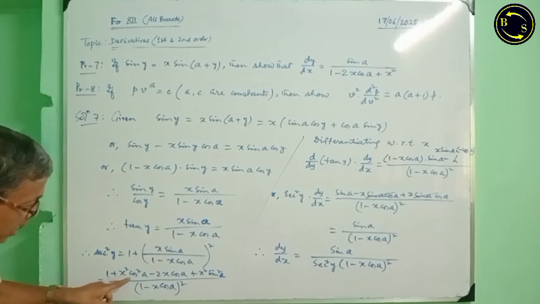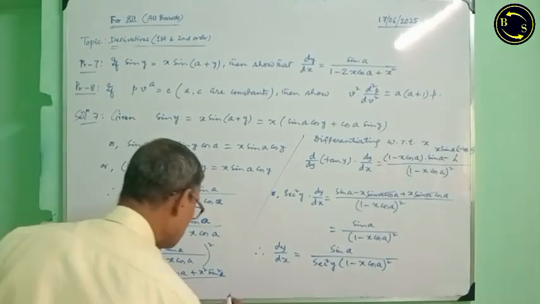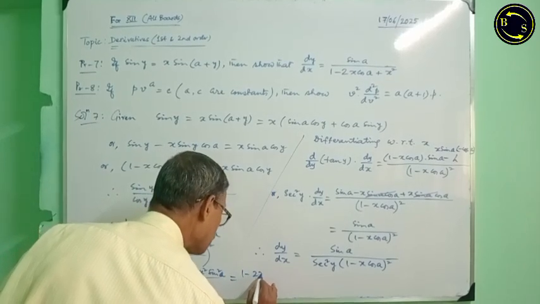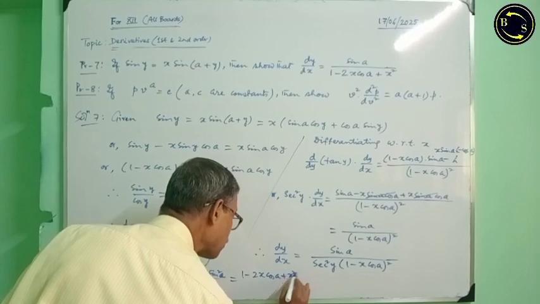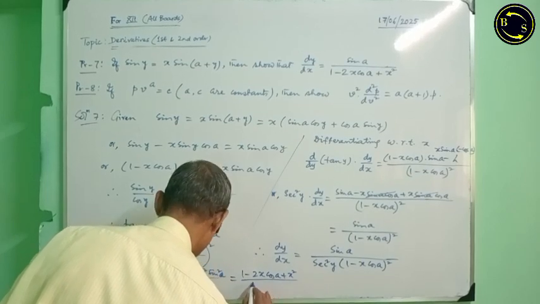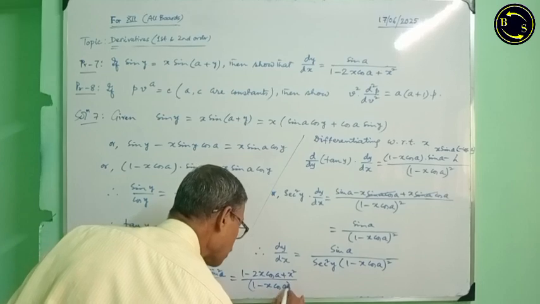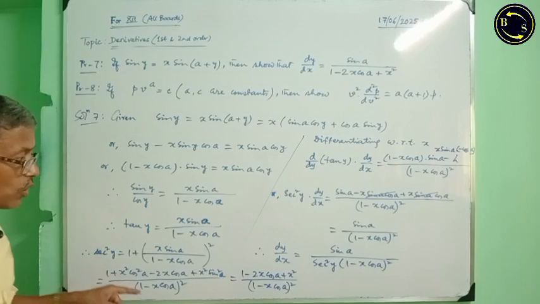Now if we take these two together, then it will be x square, means 1 minus 2x cos a plus x square by 1 minus x cos a whole square. This is the value of sec square y.